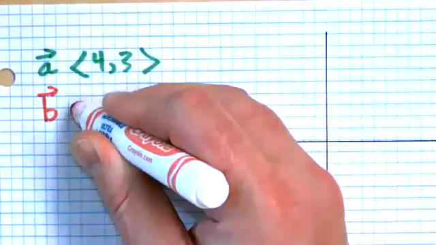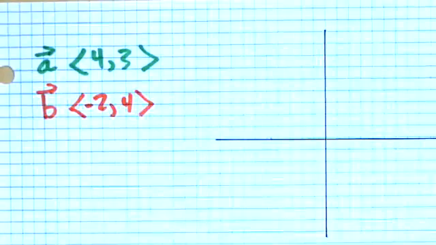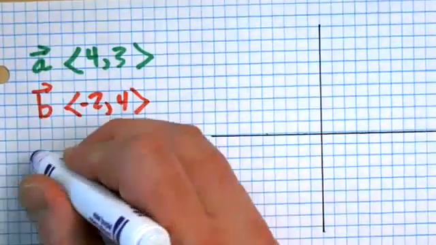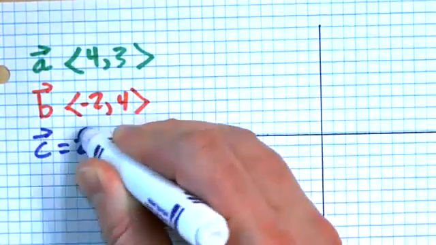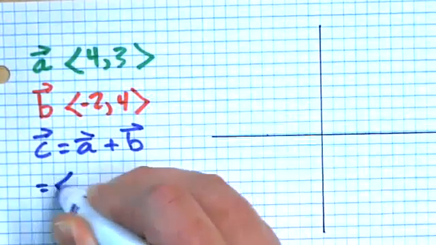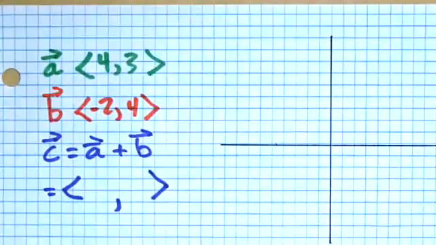B, we're going to go -2, 4. And then C equals A plus B. So I'll pause here for a moment so you can get caught up to me.